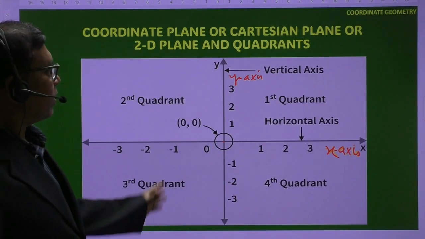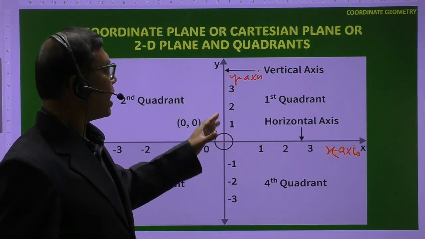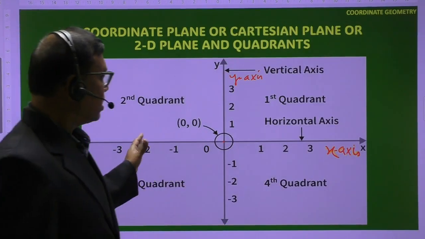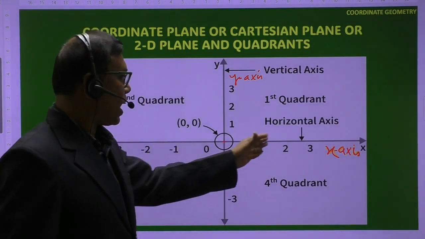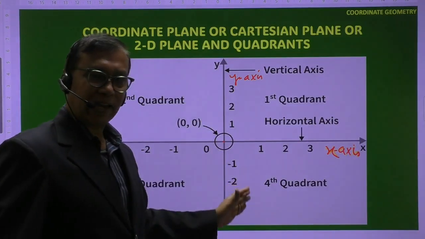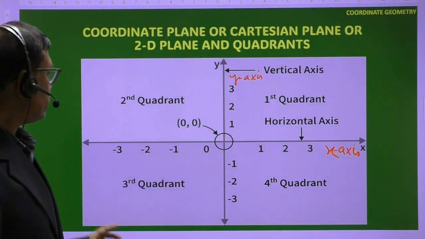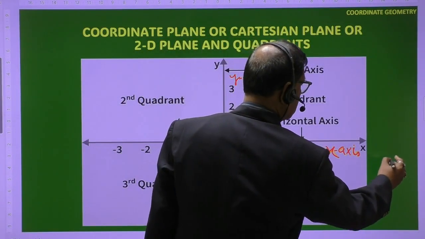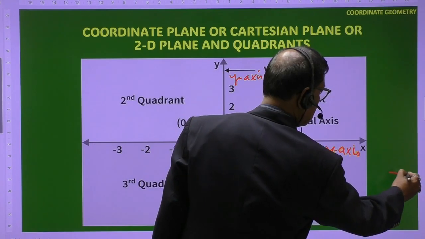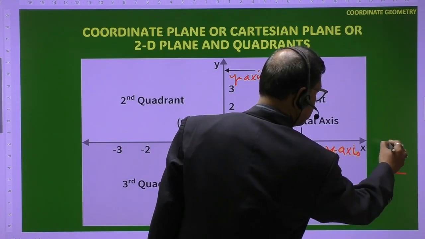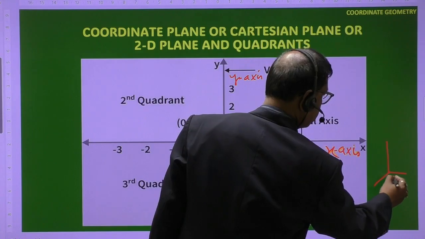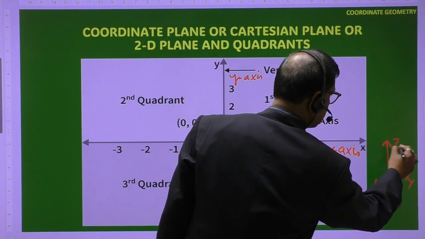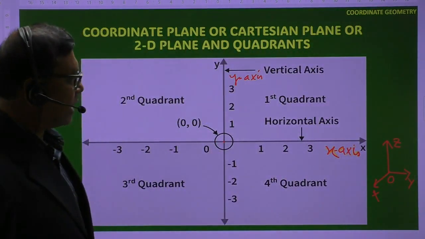So these are the quadrants and 2D plane. Why is it called 2D plane? Because here we are using two axes, x axis and y axis. Is it clear? Now if I use three axes, say like this, x, y, z, three axes, that is 3D plane.